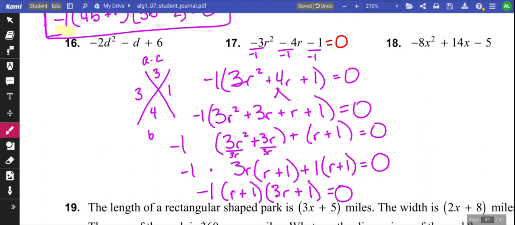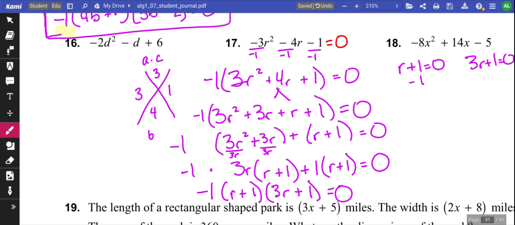And again, same as before, I'm going to set each one of those equal to 0. You don't really have to bother with the -1. It's really just going to stay, -1 equal to 0. There's nothing you can do to make that true. So we can just go over here and say, okay, r plus 1 equal to 0, and 3r plus 1 equal to 0. Just a 1 or 2 step equation.